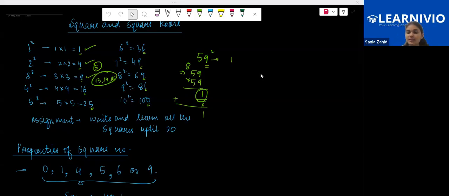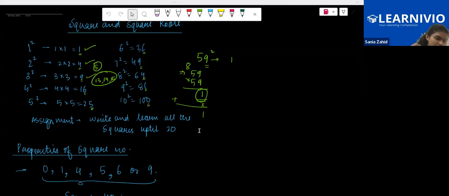Okay. So yesterday we started with this lesson, squares and square roots, and I gave you homework also to learn the squares and square roots up till 20. So did you learn the square roots till 20? Children, did you learn the square roots? No, ma'am.